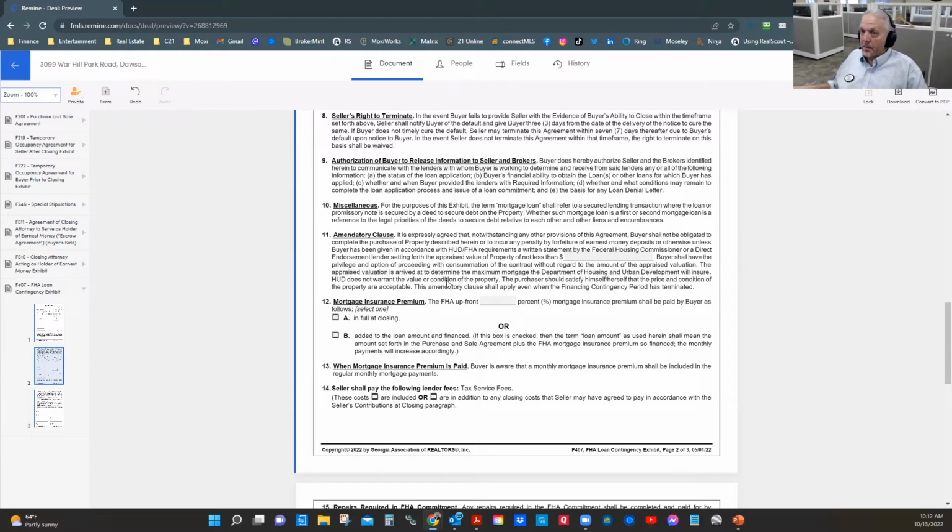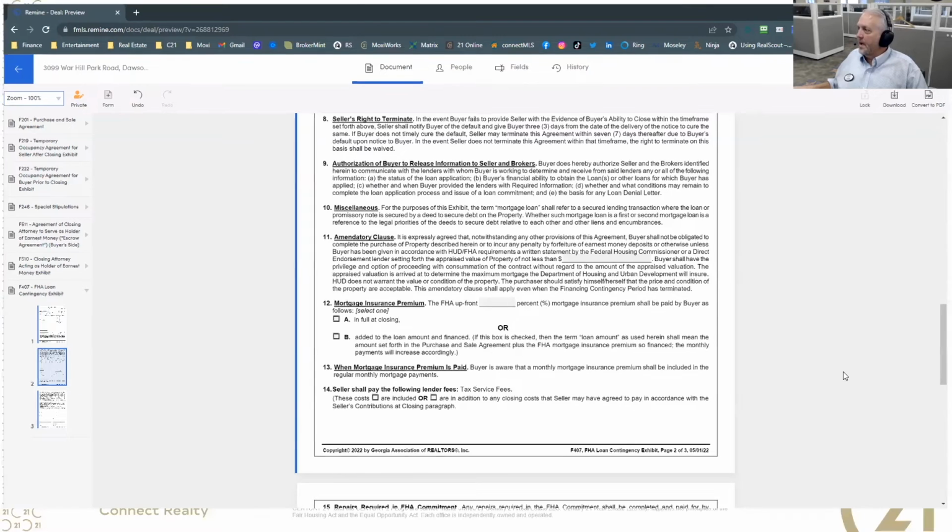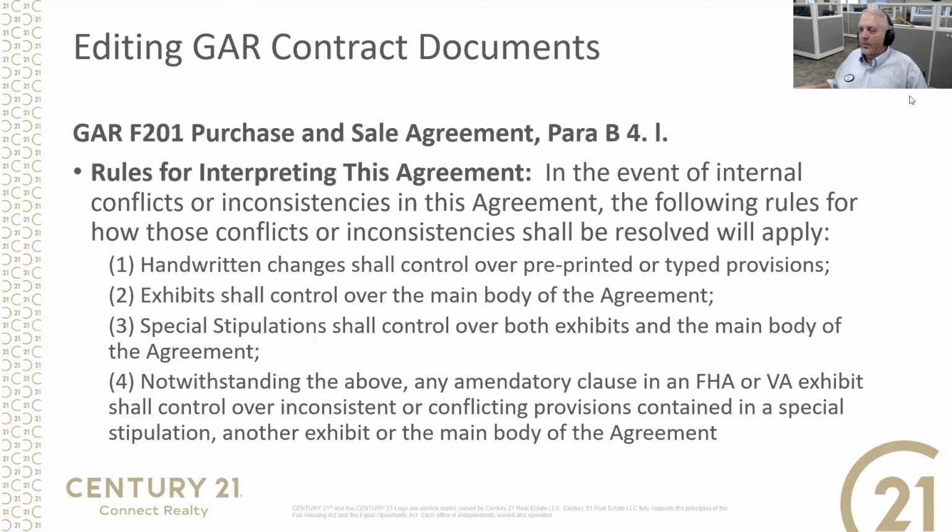Okay, so remember back in the day when there was so much competition and appraisal gap coverages were being written into every single agreement that we were doing. If one of those appraisal gap special stipulations was written into any FHA or VA exhibit, essentially the amendatory clause means that it didn't apply anymore.